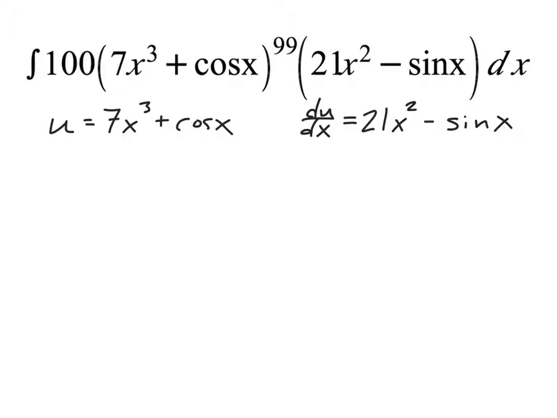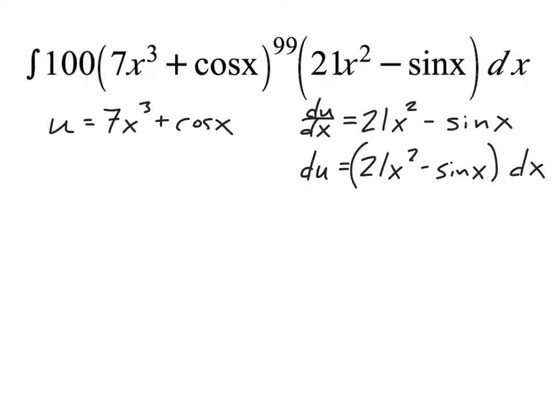Now I want to be able to substitute here. That's why it's called u substitution. So I'm going to go ahead and multiply both sides by dx. That gives me du equals 21x squared minus sine x dx. Yes, technically we would still have the parentheses there, so I'll go ahead and put those in.